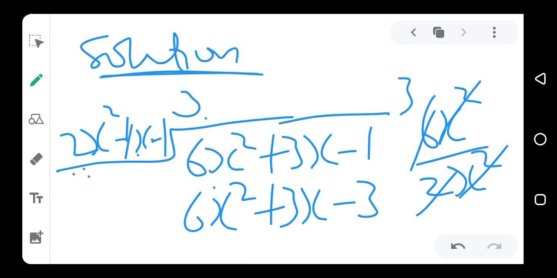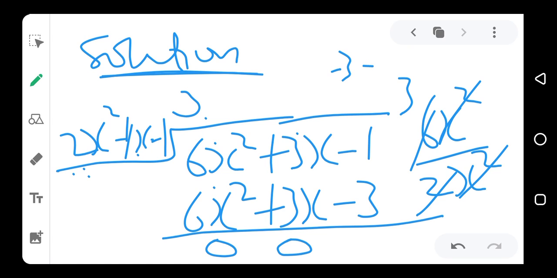So we now do subtraction. This minus this will give us 0. This minus this will give us 0.